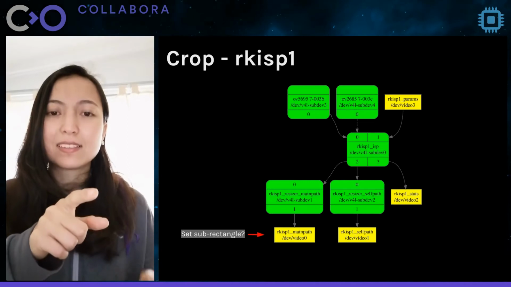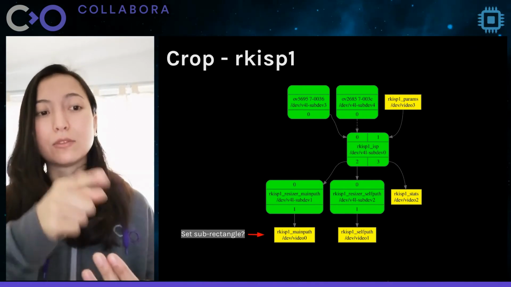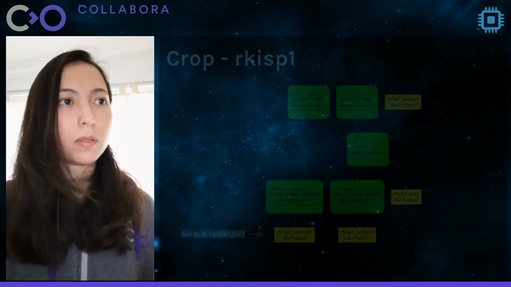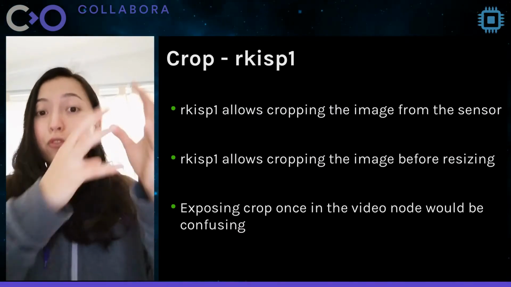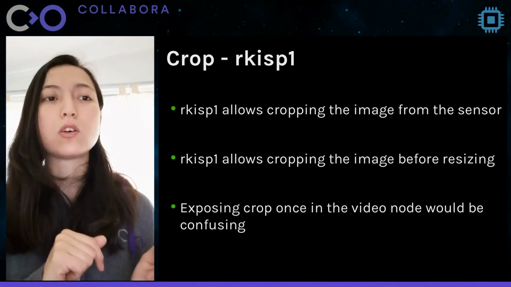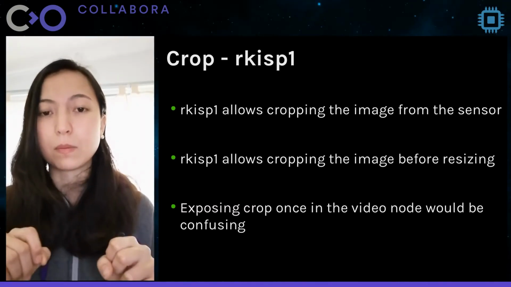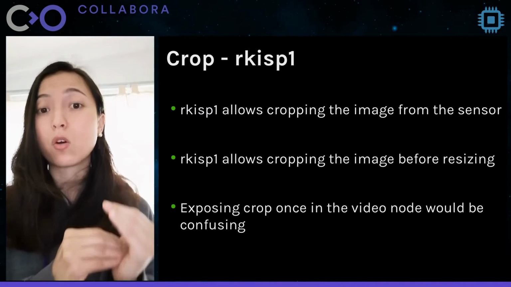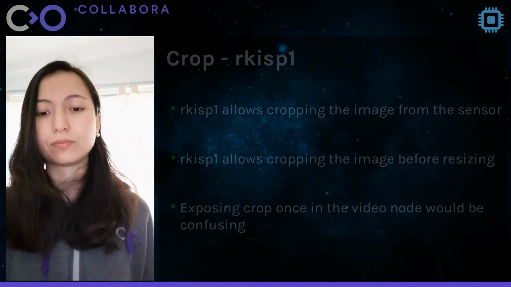But we are going to see that we could allow user space to select this subrectangle under the final node there /dev/video0. But we're going to see that we have some problems, because this driver allows cropping the image from the sensor, so before doing the processing in the ISP, and it also allows cropping the image just before the resizer, so it can shrink or zoom a specific image. And exposing this crop only once in the final video node would be confusing for user space, since it wouldn't know which cropping the driver is using.